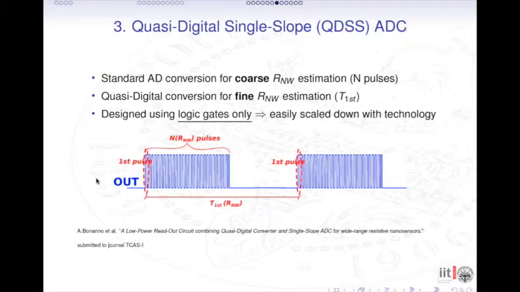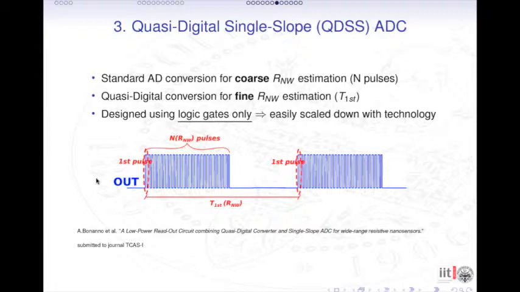Since it is a discrete value, it is related to the standard AD conversion. But the time that interleaves between the first pulse of the first train and the first pulse of the following pulse train is a time value.